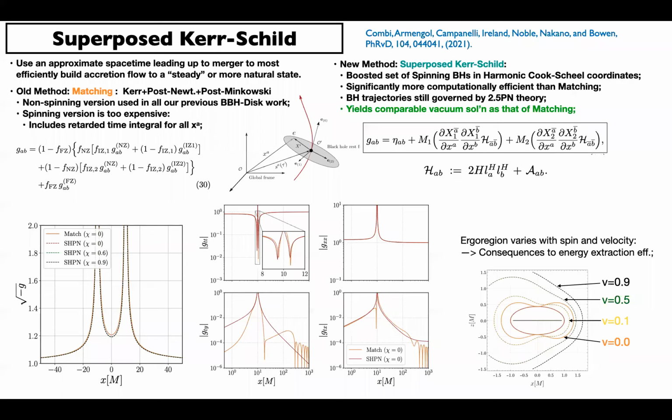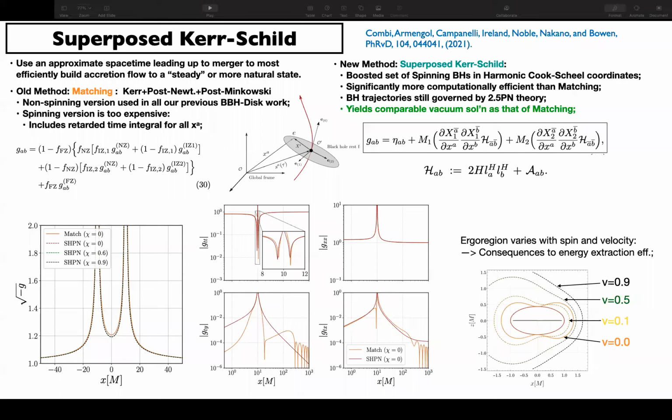And then we also developed new metrics, so you can plug and play different metrics. So Luciano implemented this really efficient superposed Kerr-Schild system where you move around two Kerr-Schild black holes and make sure that they're boosted, so it's like a linear combination of black holes essentially.